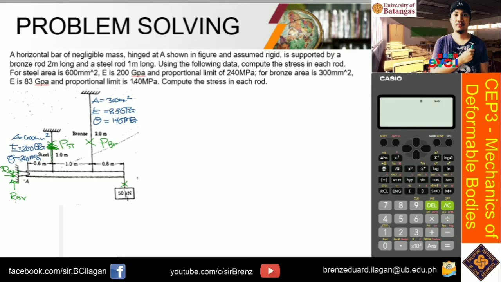I-bold ko lang yung mga force na yan para kita. Pataas, pataas. Ito na lang yung gagamitin ng free body diagram, hindi na ako gagawa ng isa pa, since limited nga lang yung space natin. Okay. And dito meron kang pababa.